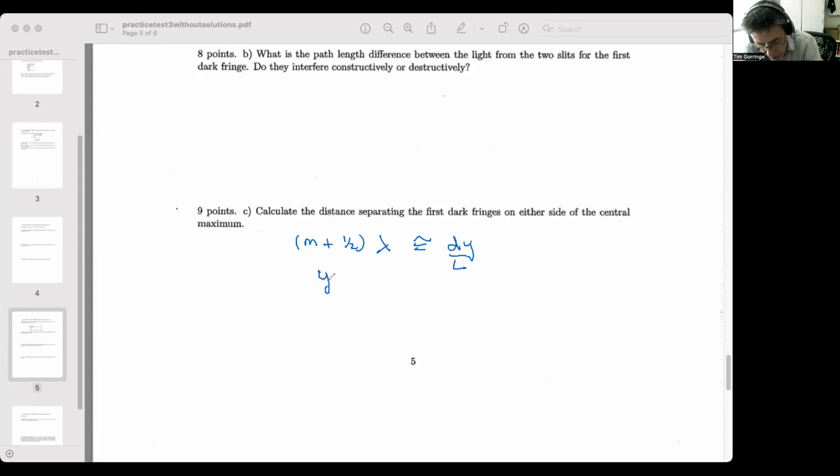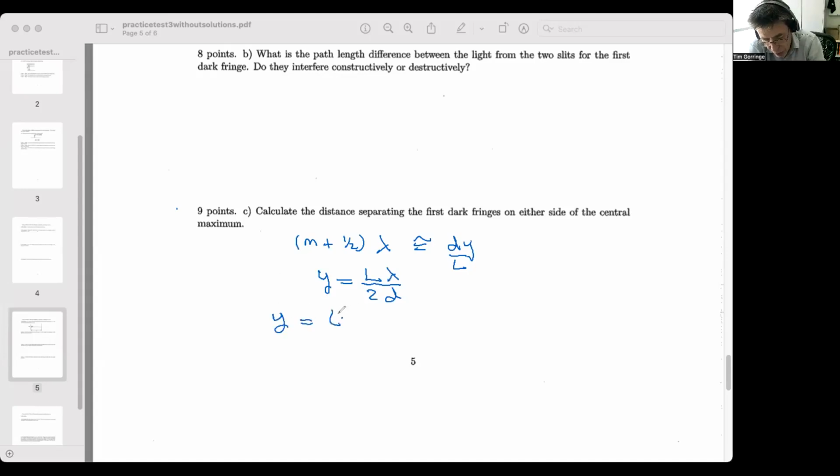So plugging in m equals 0, rearranging for y, the position on the screen, I'm going to get the equation L times lambda divided by 2d. And I can plug in the various numbers here to get y.